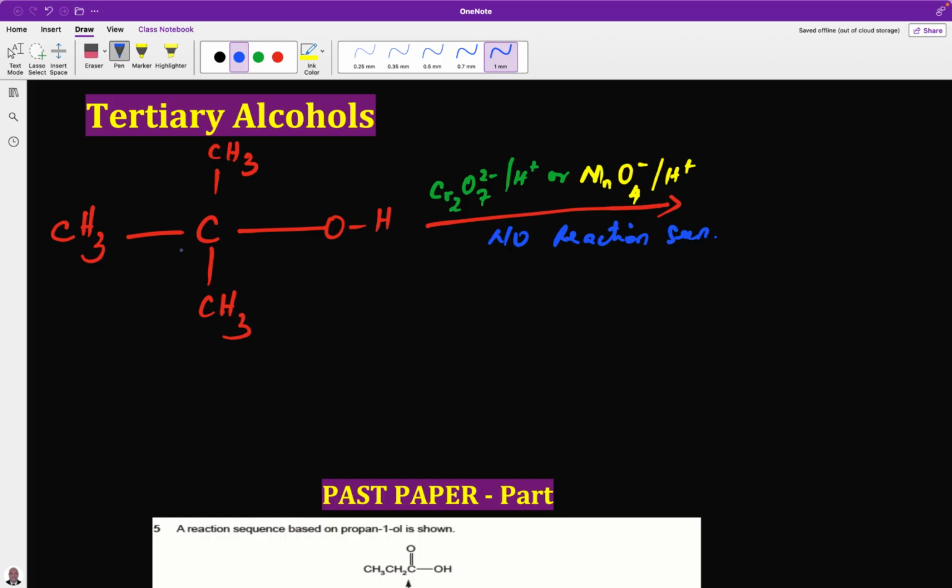So there is no hydrogen here that will be used to remove. No hydrogen atom attached to this carbon for the oxygen to remove.